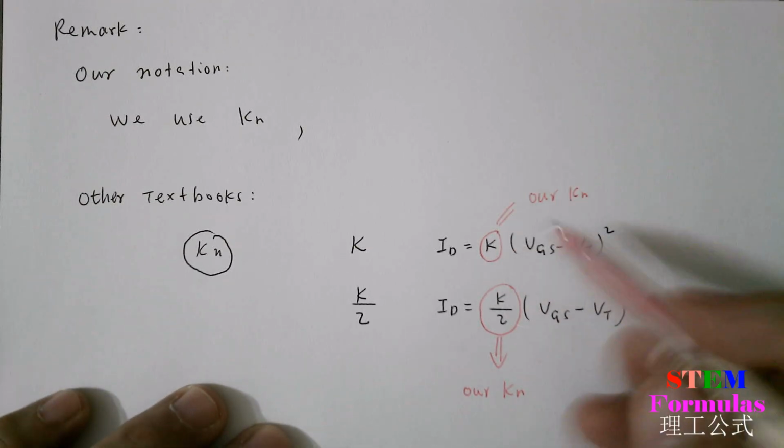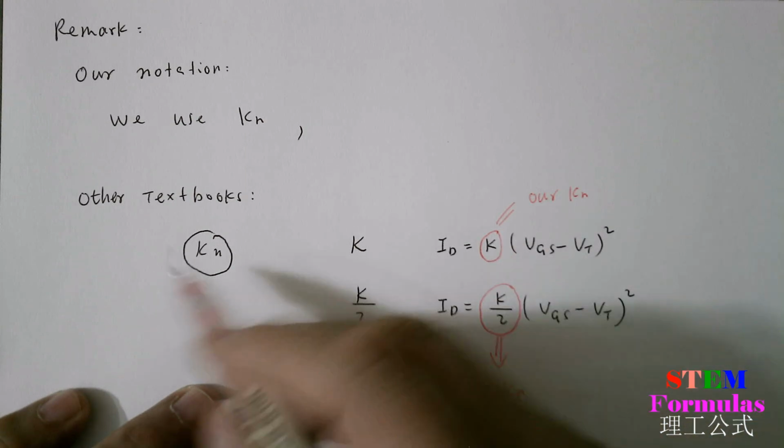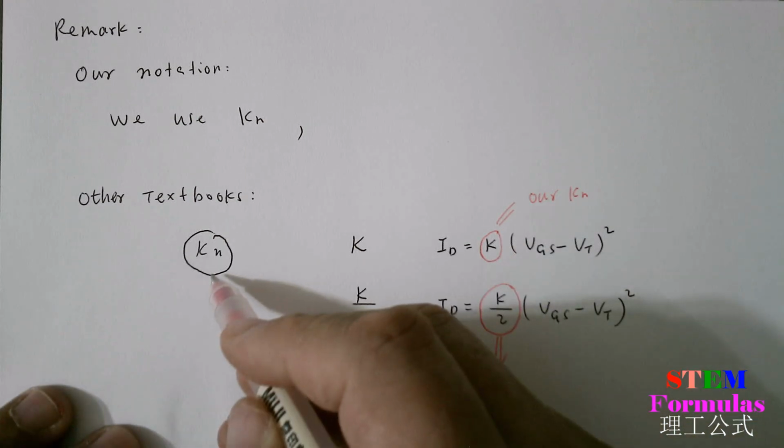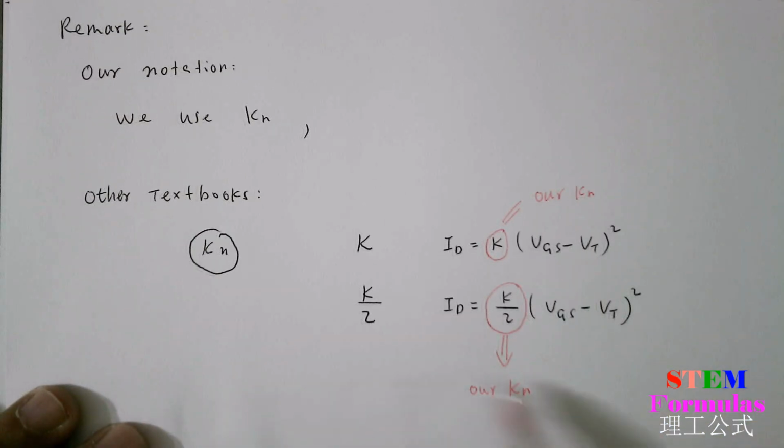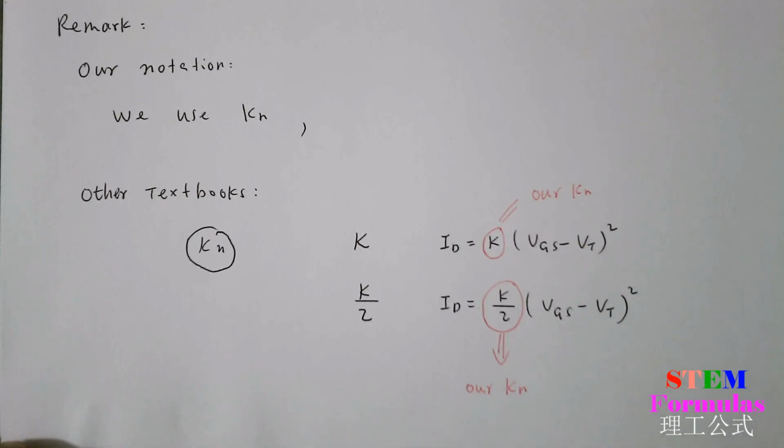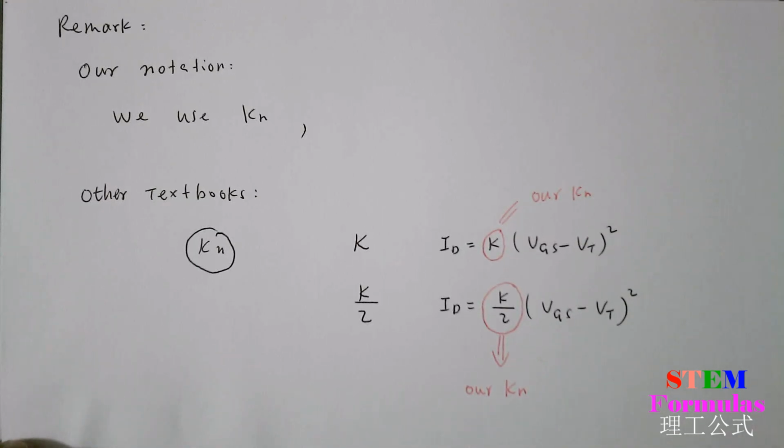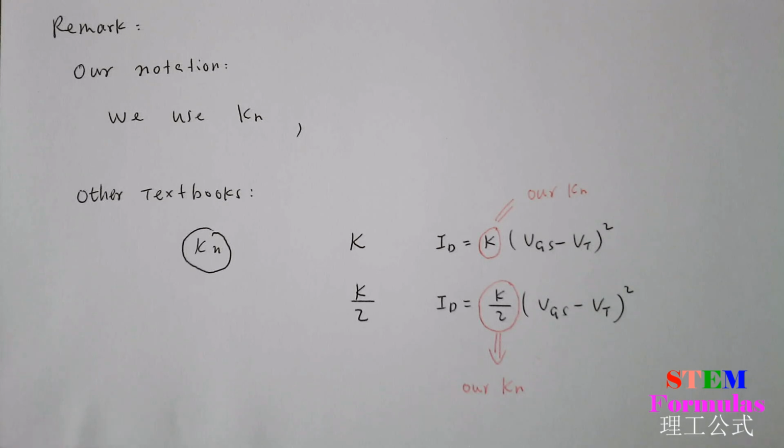So as long as you find our Kn and the threshold voltage, you can plug them into the Matlab code and the formulas we have, and then you get the answer.